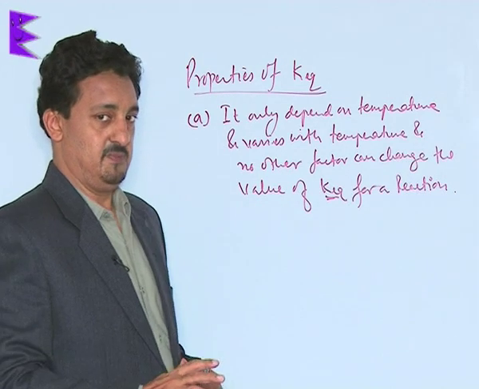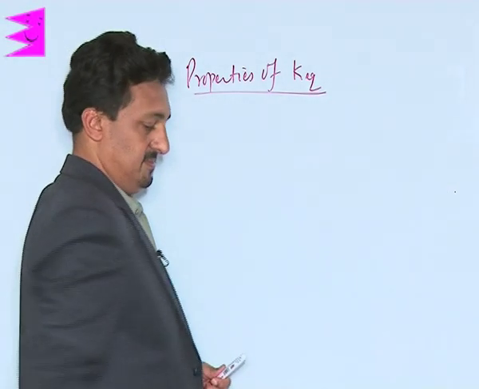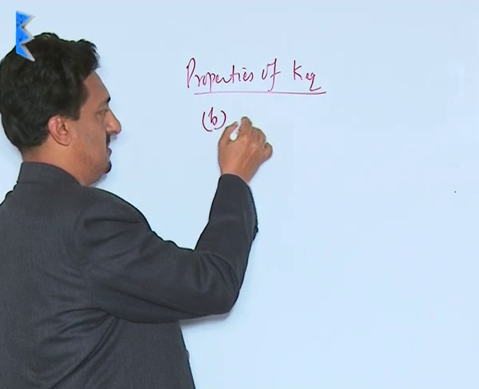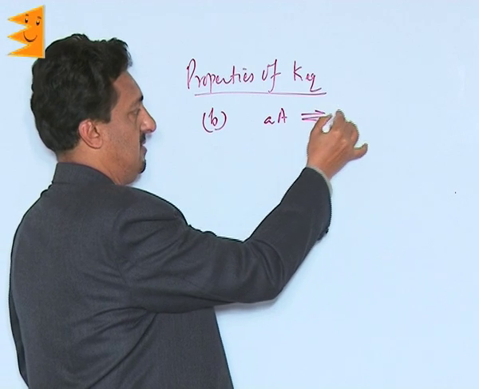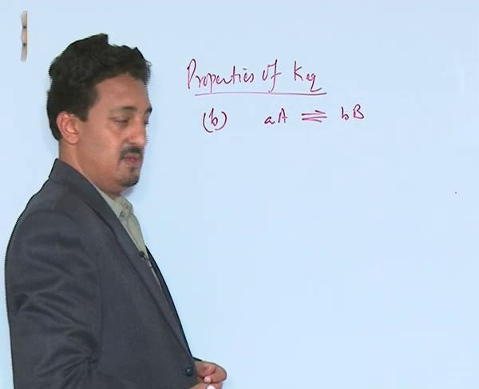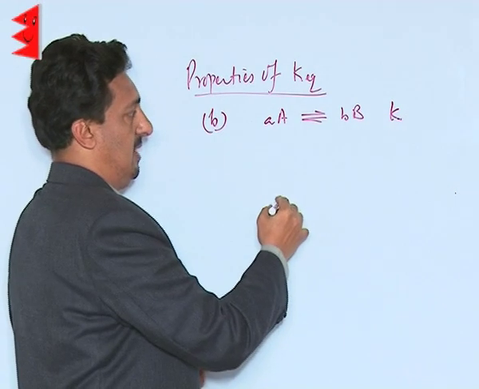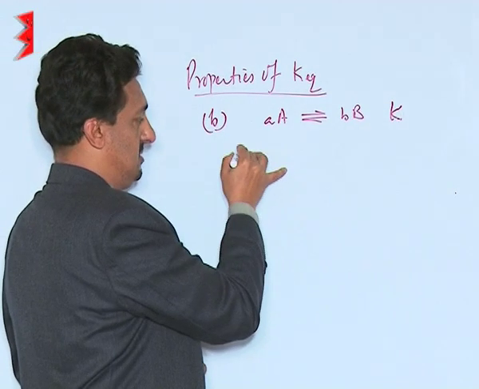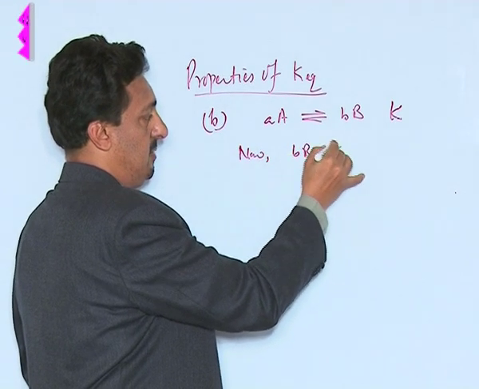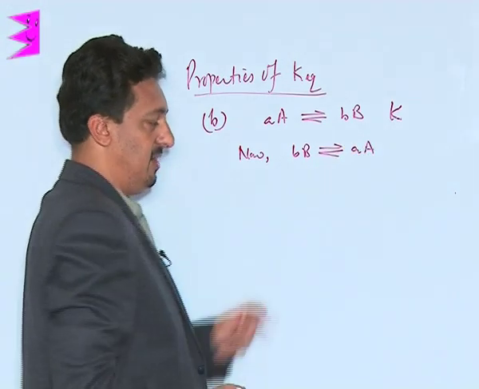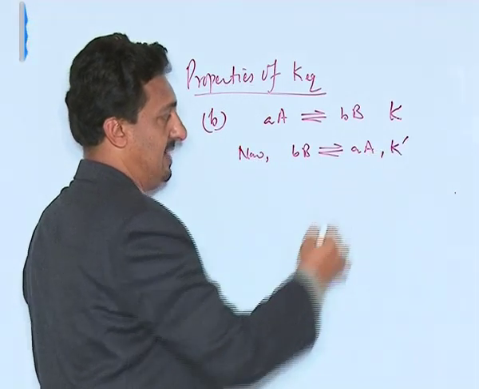Now, the second most important property is that if, suppose, we have an example like a moles of A converting into b moles of B, the equilibrium constant for this is K. Now the new reaction is b moles of B converts into a moles of A. It means we have reversed the reaction, which now has equilibrium constant K dash.